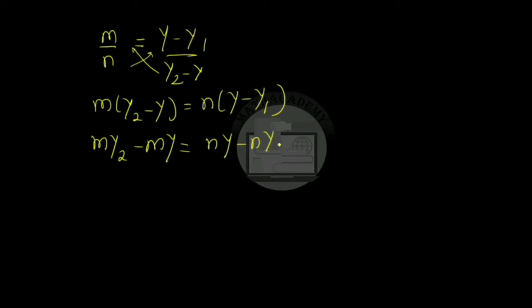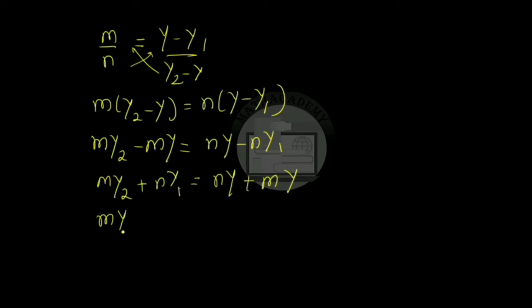Now m over n is equal to y minus y1 over y2 minus y. Our aim is to find the value of y. So let us cross multiply. So we get m times y2 minus y is equal to n times y minus y1. my2 minus my is equal to ny minus ny1. my2 plus ny1 is equal to ny plus my.